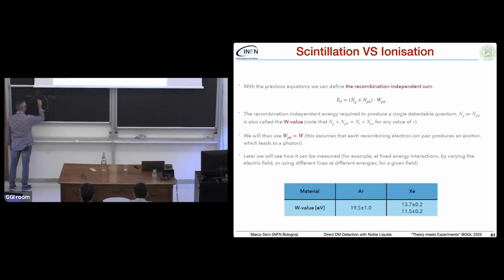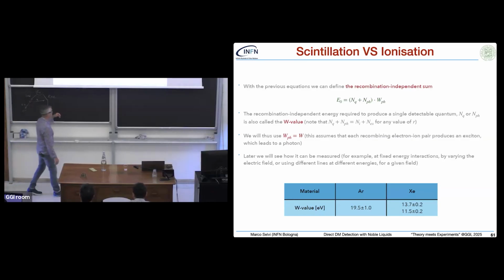But this again shifts us into the excitation channel. So with probability R, the liberated electron will anyway produce new UV photons. Otherwise, with 1 minus R, we can use the free electrons to collect the signal.